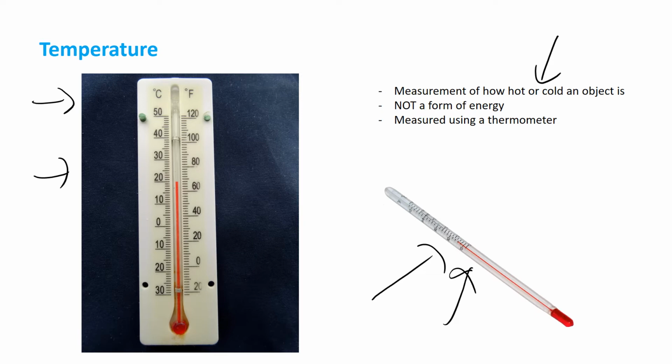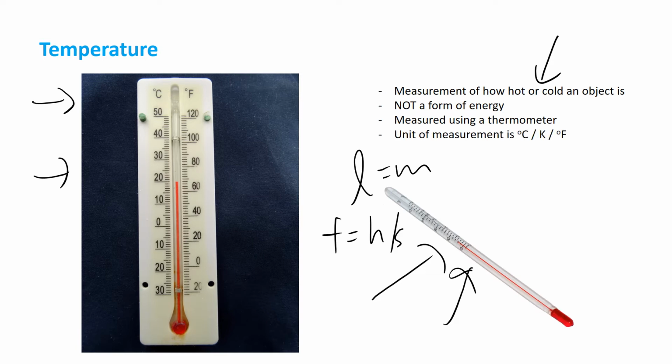Just like how you use meters to measure length, and hours, seconds or minutes to measure time, for temperature you use degrees Celsius or Kelvin or degrees Fahrenheit. Now, if you're in Singapore, which you most likely are, you will be using degrees Celsius as a unit to measure temperature.